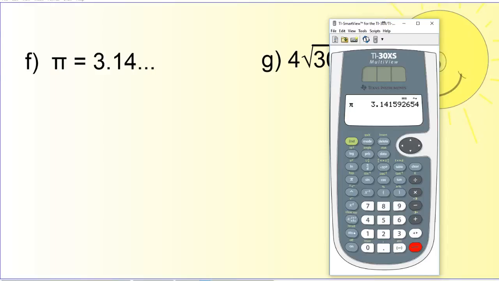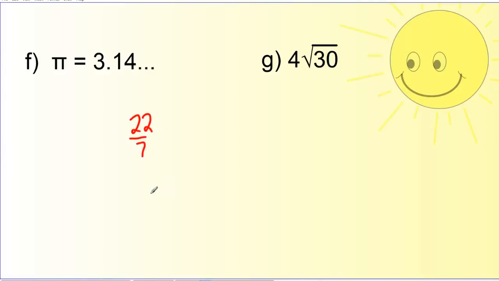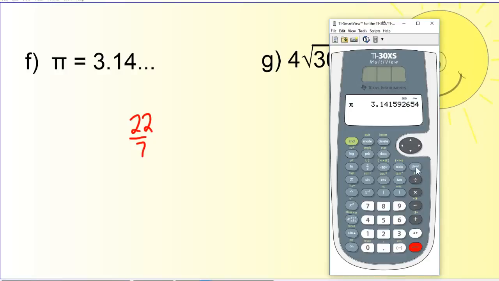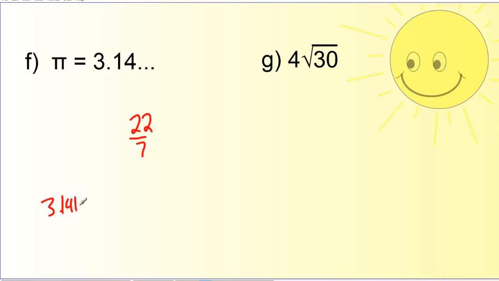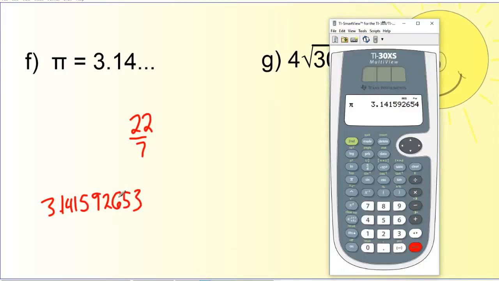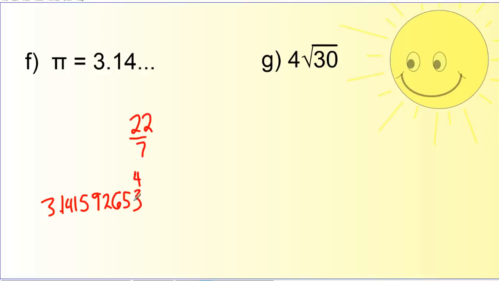Now you might remember from a long time ago in elementary school or middle school, your teacher might have used the fraction 22/7. Well, let's see. So this number was 3.141592653. I think the calculator shows the last digit. Oh, 54. I think it's actually 3, but the calculator puts a 4 there because it rounds.